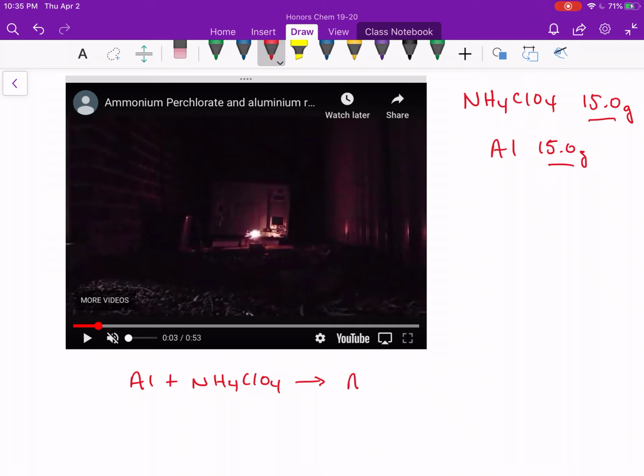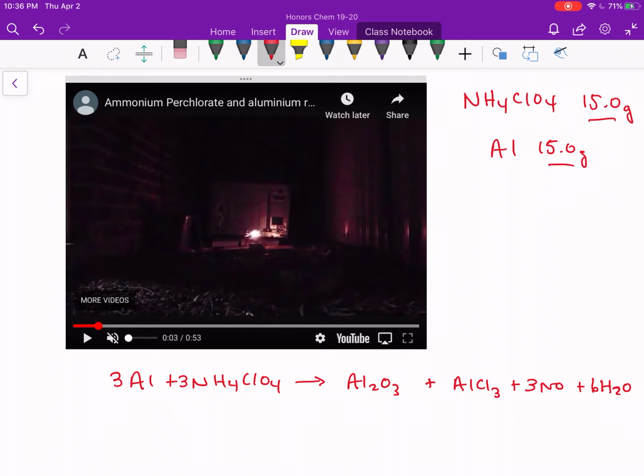We actually get Al2O3 plus AlCl3 plus NO plus H2O. And so not going to spend a lot of time working through this. To balance this, we would need a 3 here, a 3 here, a 3 here, and actually a 6 over here. So there's our balanced equation.